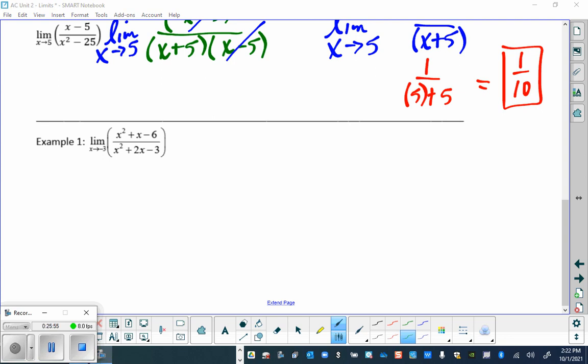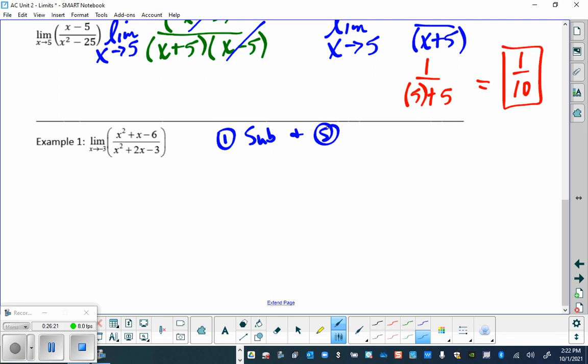Back. So the number one thing that we want to remember, and we're in the zone where we're talking about factoring, so we dove right into factoring. But the reality is, our step one is always going to be to plug and chug, to substitute and simplify, because we want to see if it's an indeterminate form or not.